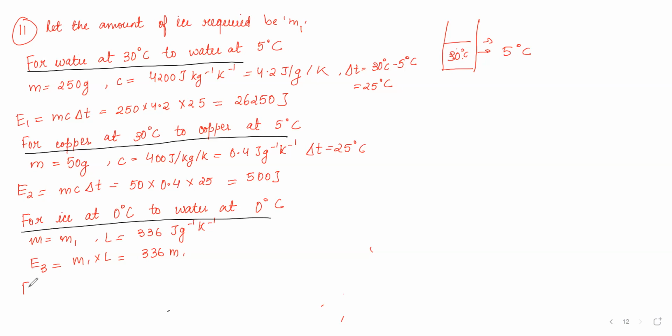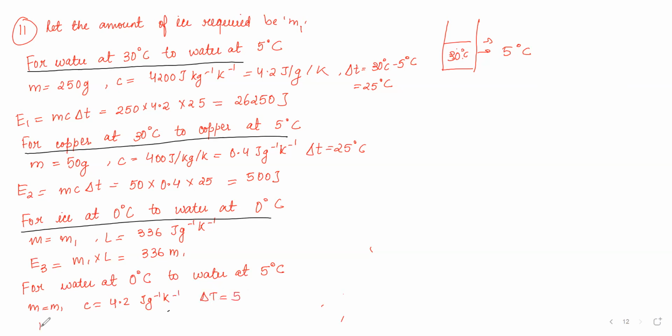So write down for water at 0 degree to water at 5 degrees Celsius. See, what will happen? M is equal to M1. C is 4.2 joule per gram per Kelvin, and delta T is equal to 5.